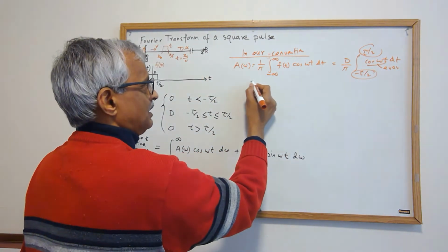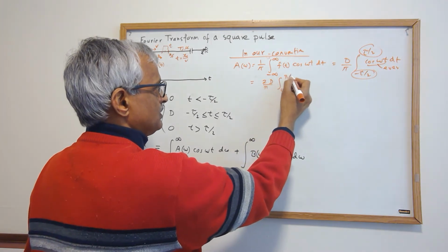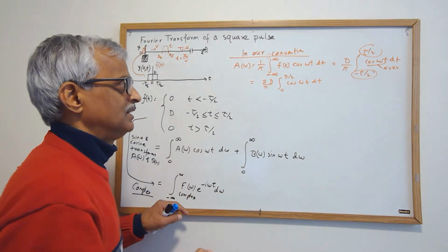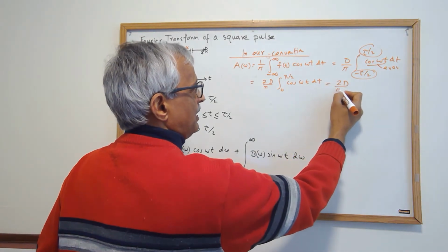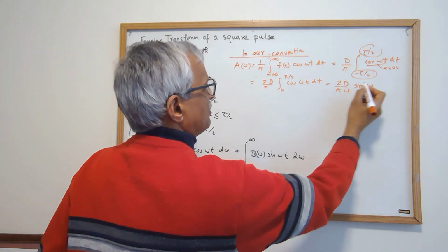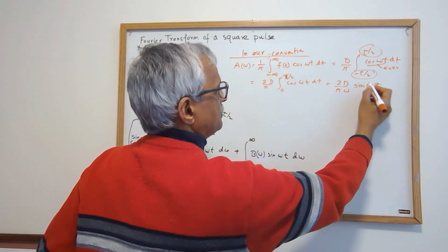That means I've got two of this, from 0 to tau over 2 of cosine omega t dt, and that simply becomes 2D over pi omega sine, this is tau not pi, omega tau over 2.